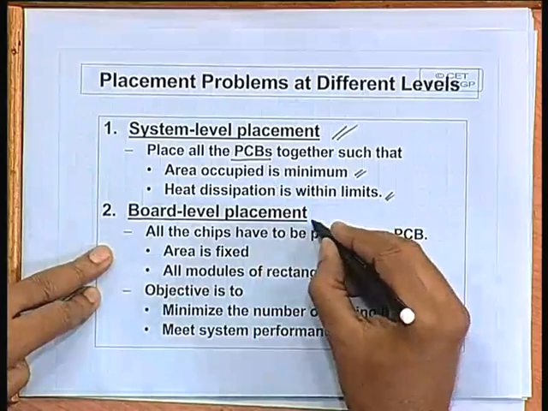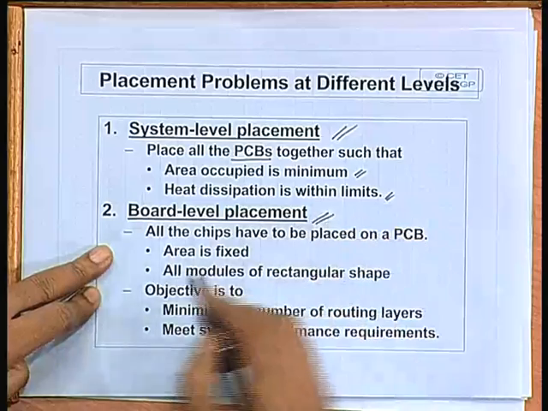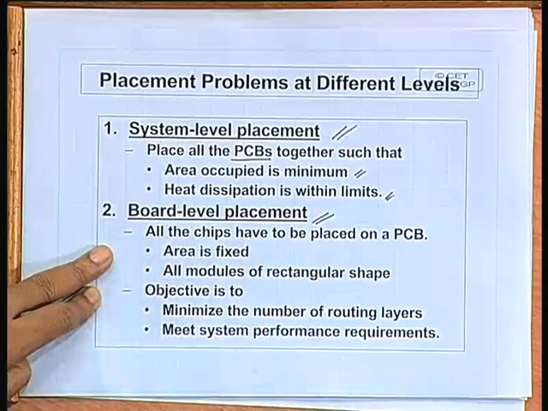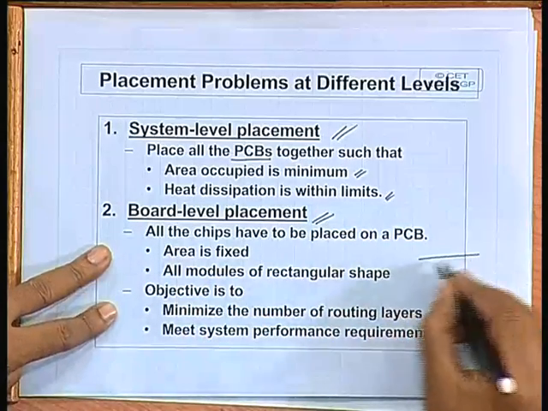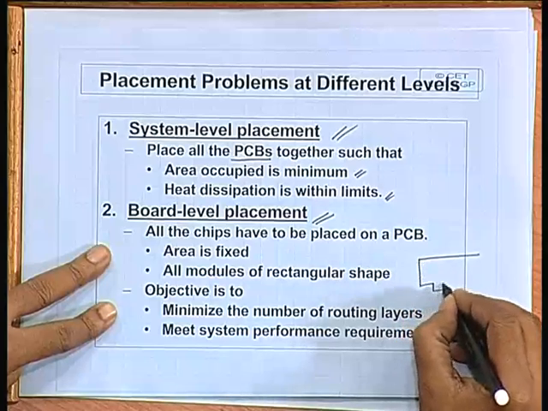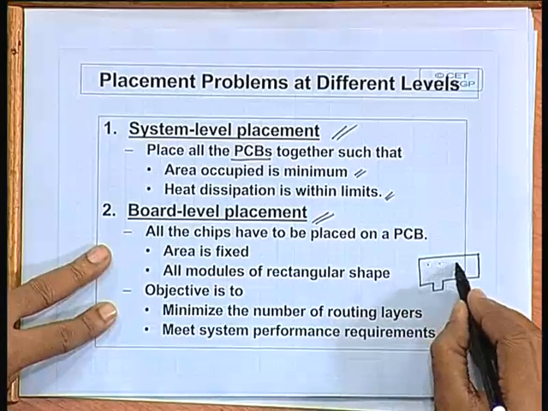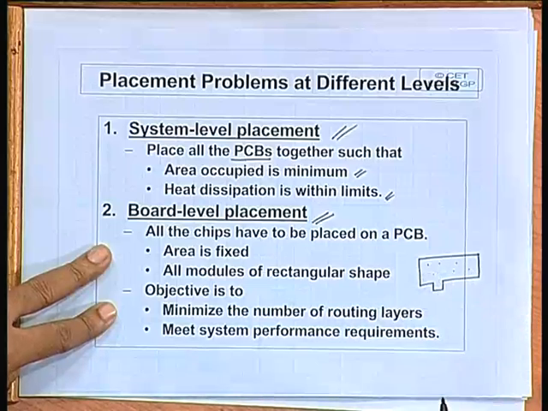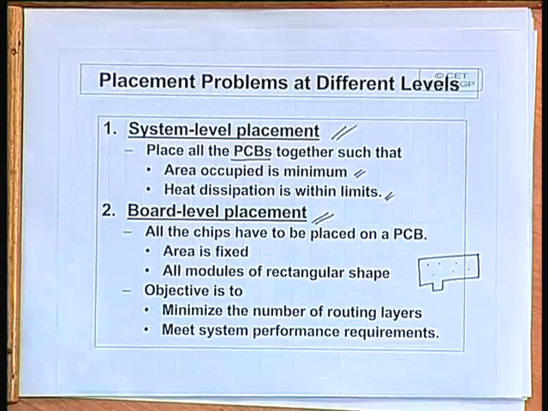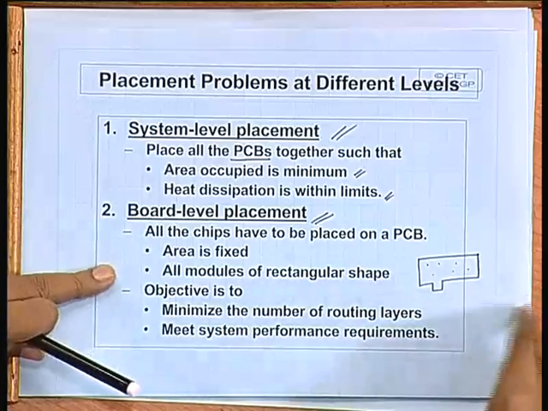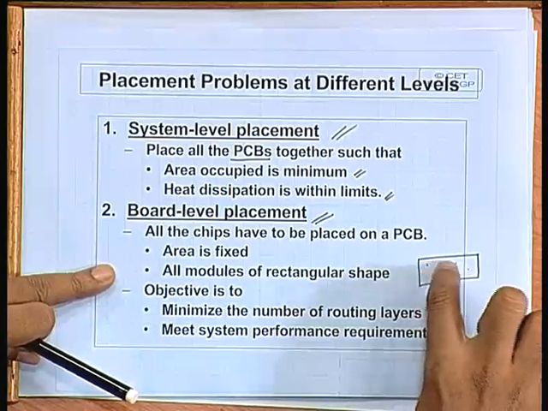But once we go inside the PCBs, we have what is called board level placement. Here the PCBs are given and we are given the task of assigning the chips or the components inside that PCB. Since my overall design of the system is fixed, I have a choice of which chips I need to put in here.